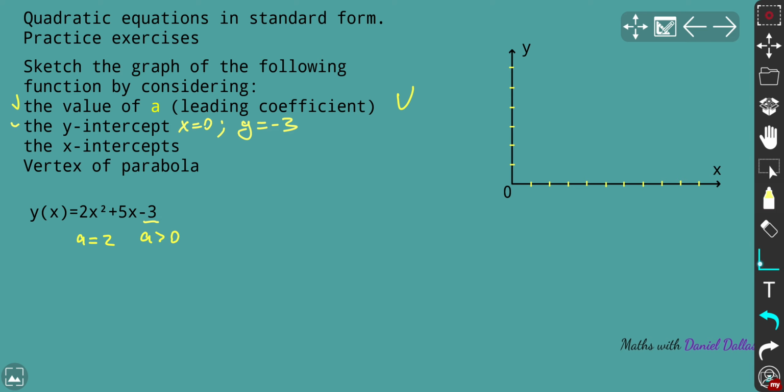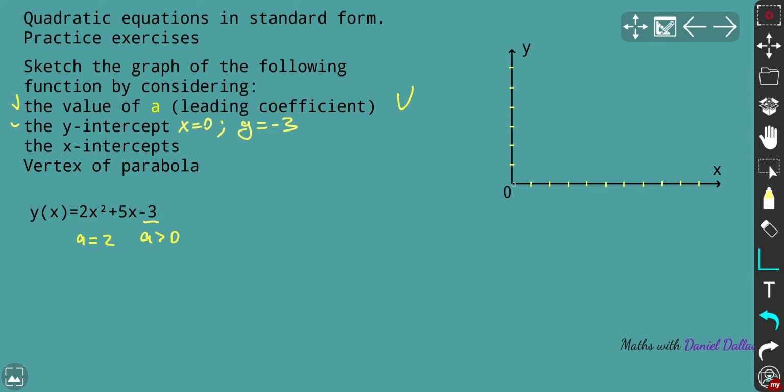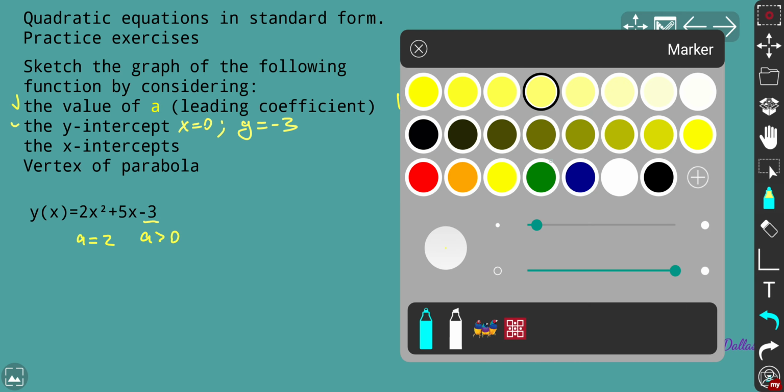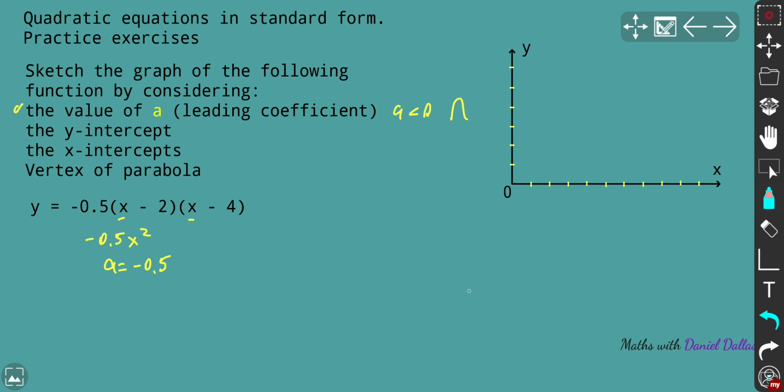Okay, so we fixed it here, and I just pull the vertical axis down and fix y equals negative 3. It's right there, so negative 3 is the y-intercept. Okay, and we move next.